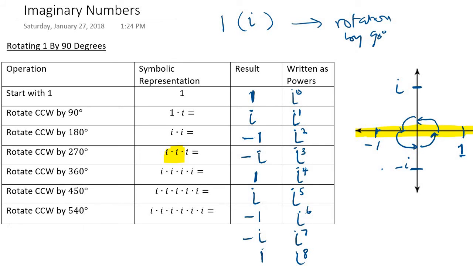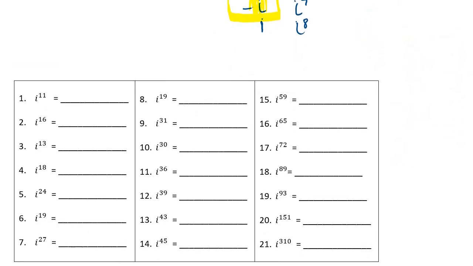Basically there are these four values that we get by going through the process: 1, i, -1, -i, and then back to 1. We can use this pattern to explore the other powers of i.